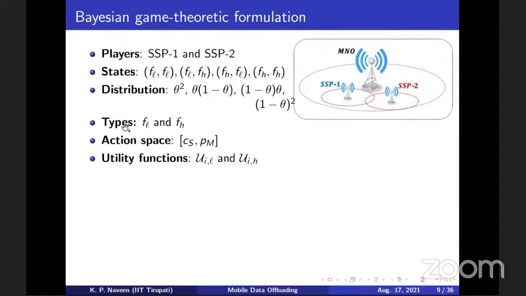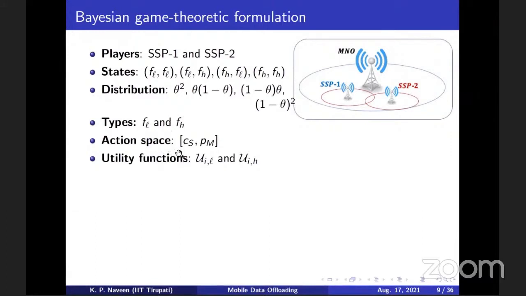And what are the types of each of the SSPs? The type could be low or high. That means suppose SSP 1 can only observe whether its type is low, so it has to maintain a probability distribution on what is going to be the flow of the other SSP. So these constitute the types of this Bayesian game.